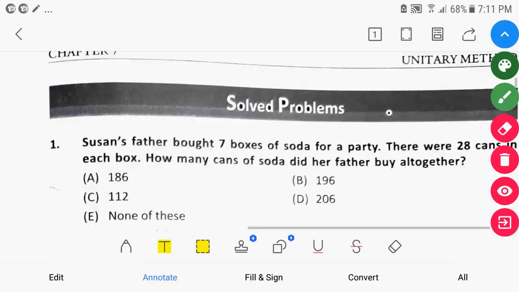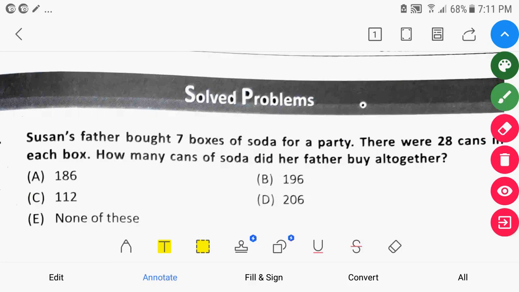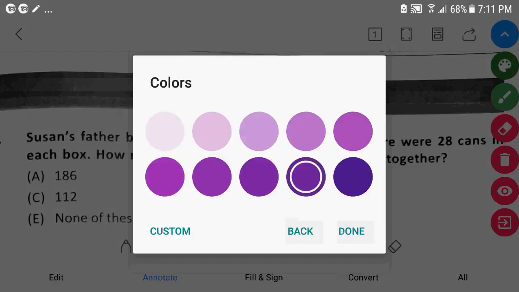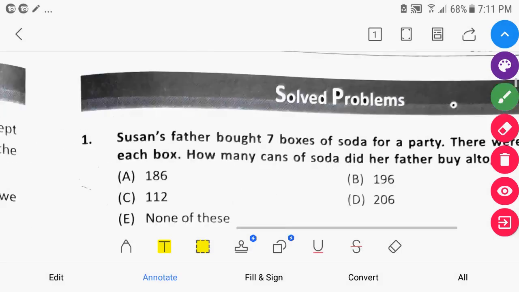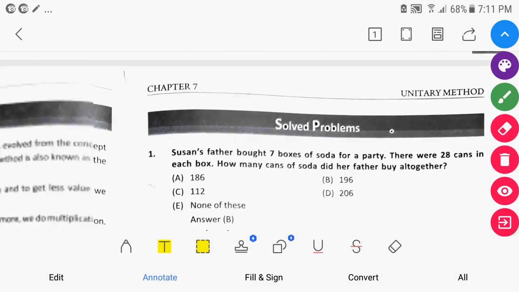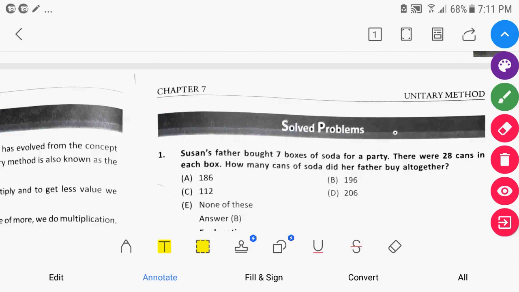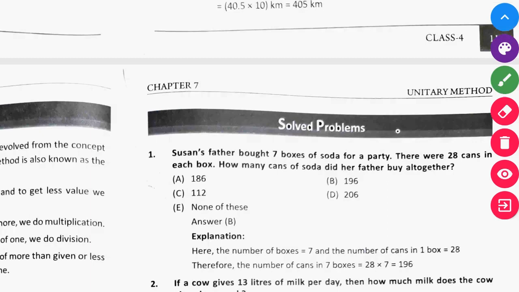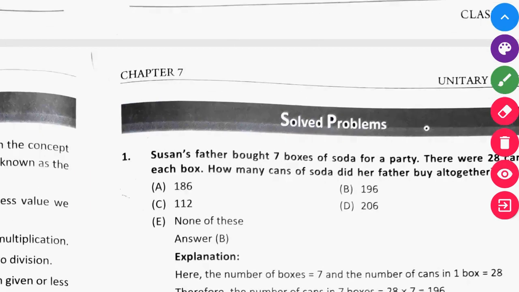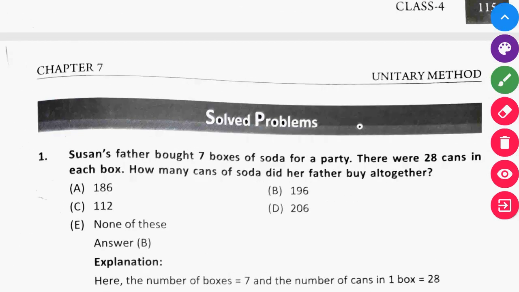So the first problem is: Suhan's father has brought 7 boxes for the soda party, and there were 28 cans in each box. His father has brought 7 boxes for the party, and each such box contains 28 cans. They ask how many cans of soda did her father buy altogether.